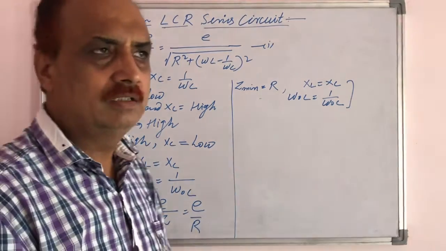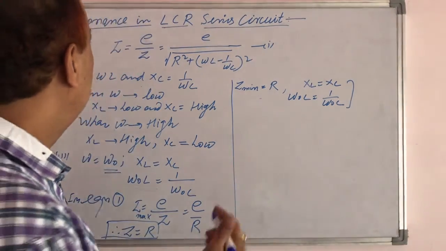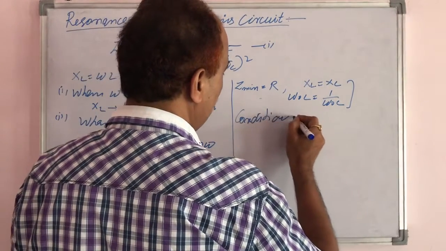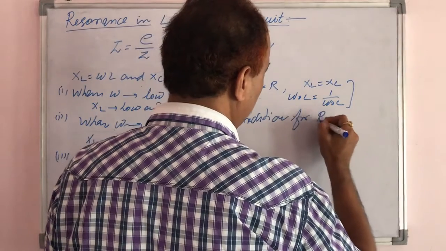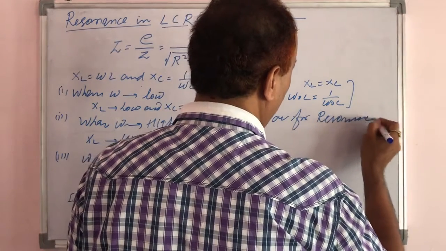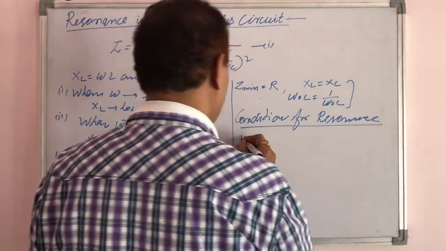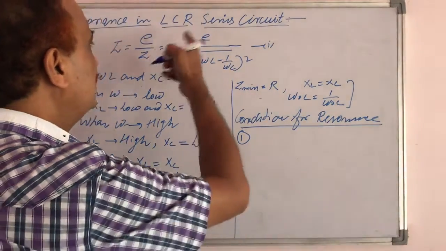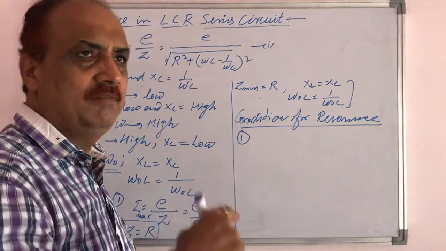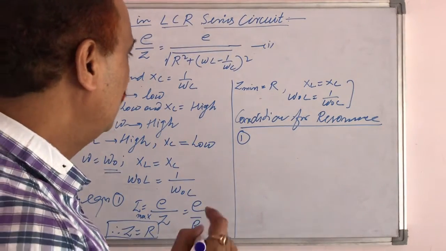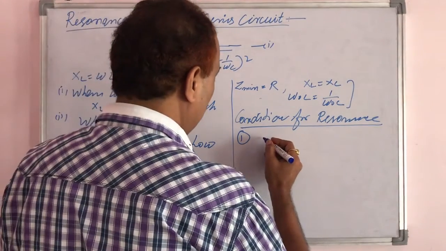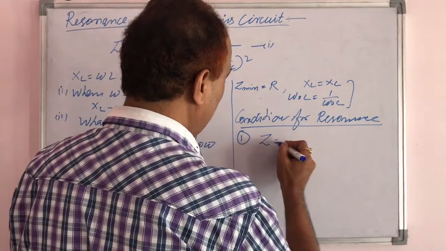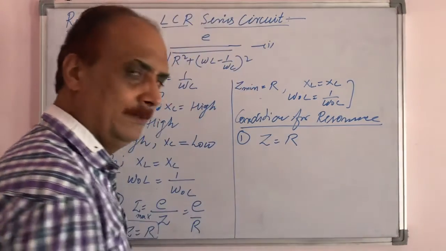Now what are the conditions of resonance? There are three most important conditions. Condition number 1: any LCR circuit will behave as a resonant LCR circuit if the impedance acting in the circuit is minimum, meaning Z should be equal to R only.